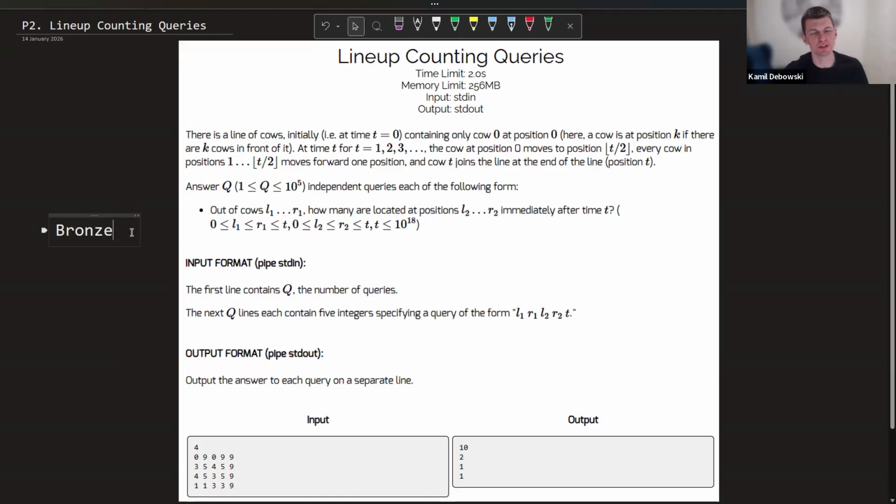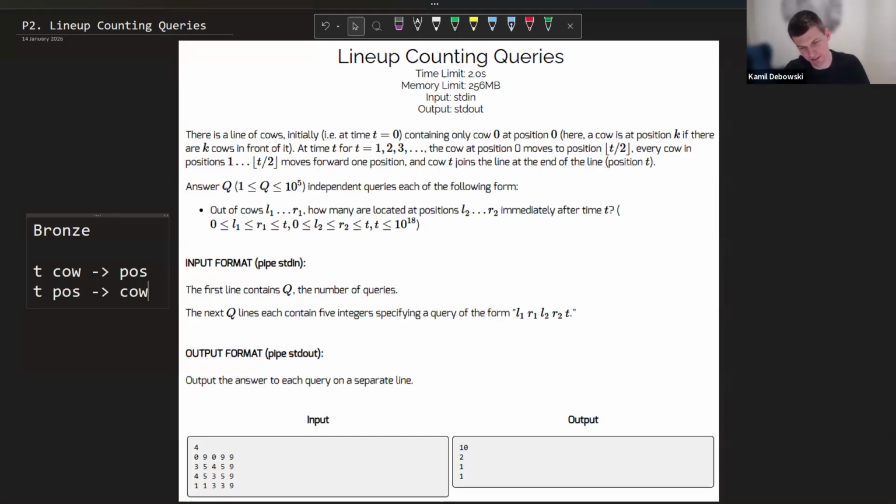In that problem, you needed to answer queries of given time and the cow ID. You need to find its position, the current index in the sequence. That was one type of query. And also given time and position, you need to figure out the cow ID, the cow that is right now at this position. I think that that problem is not trivial, and it's a nice introduction to this one.